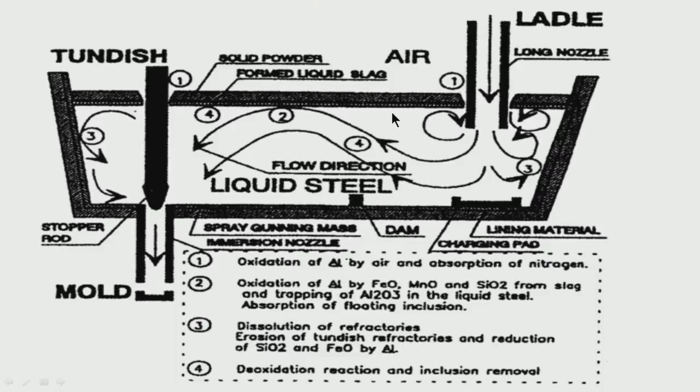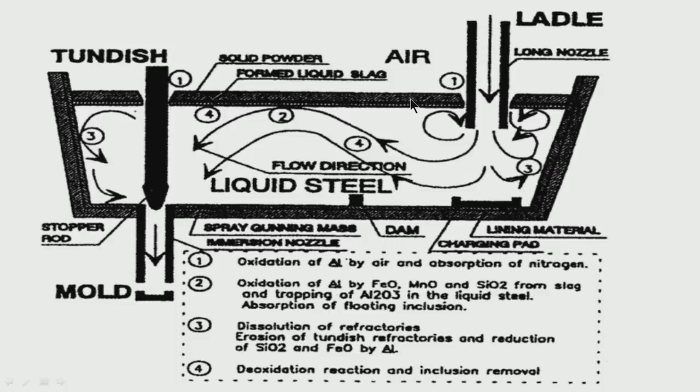So, for that more CaO is necessary, but at the top of that insulation is also necessary, so that the liquid steel temperature should not come down during casting. So, a two stage slag is used. The bottom slag, just at the top of the liquid steel, is basically a basic slag. On top of that we use rice husk, which is a good insulation material. This does not allow the liquid steel temperature to come down.